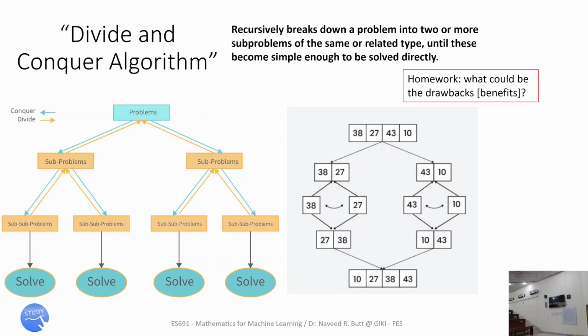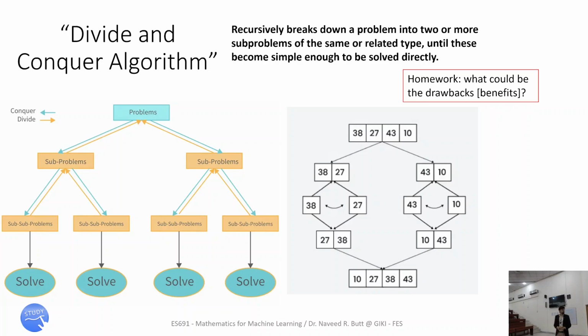If this list were bigger, we'd break it many times until it becomes trivial, to check whether 27 is bigger than 38 or not. Swap them, put them all back, and you have your answer, right?